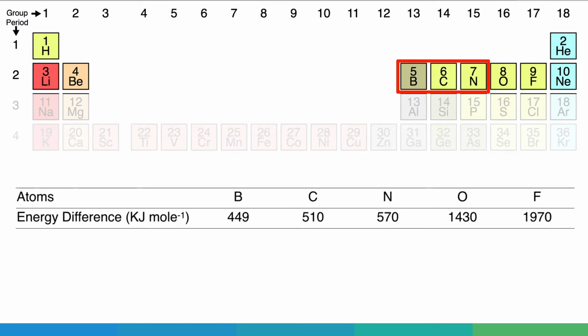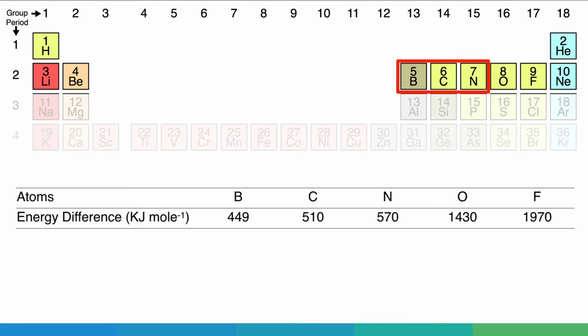This is also known as hybridization of atomic orbitals. So why does mixing of atomic orbitals take place? From boron, the electrons are now added in 2p orbitals, and it is very important to see that in these atoms the energy gap between 2s and 2p orbitals is very low.